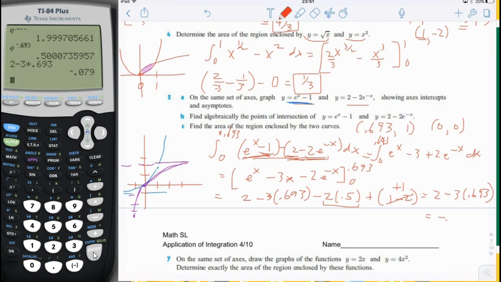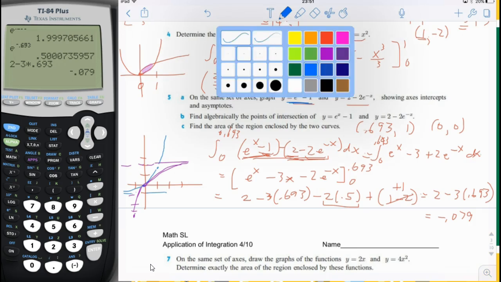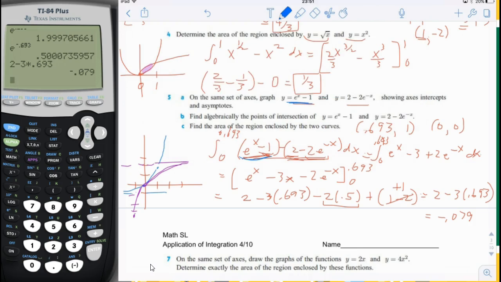Negative 0.079. By the way, I was just figuring out why I got a negative number, and the reason is because I put the blue function on top, and I put the purple function on the bottom.